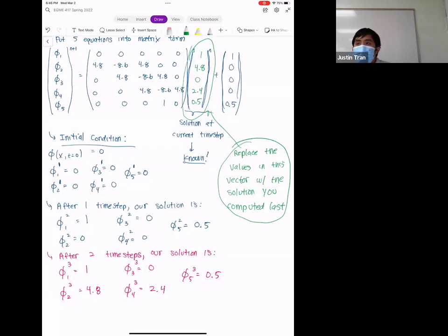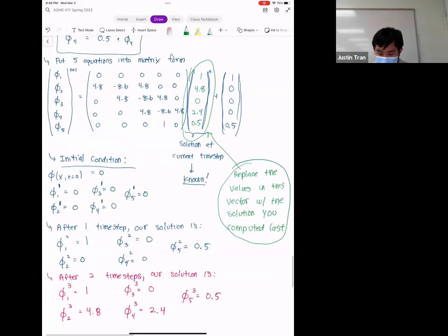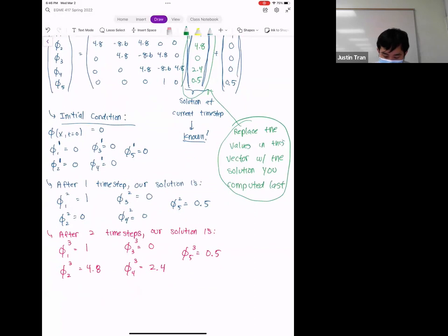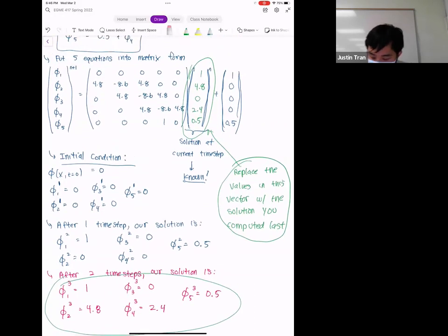Can you show me how you got those values for the second time step? Yeah. You mean these ones down here? Yeah, so the way I got them was I plugged in the solution after the first time step. And that was 1, 0, 0, 0, 0.5. Let me just focus on this one, phi 2.